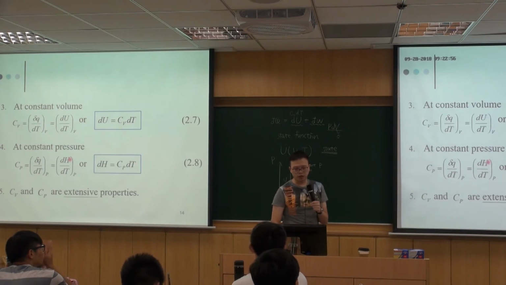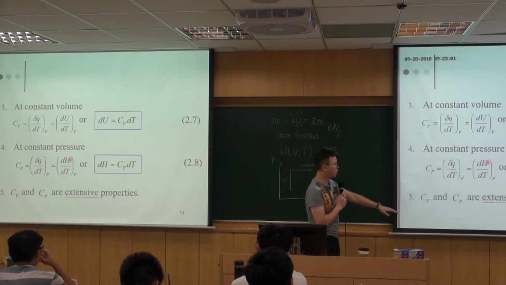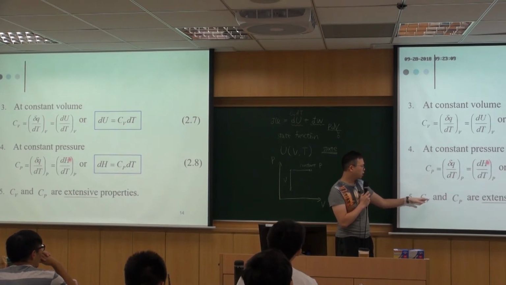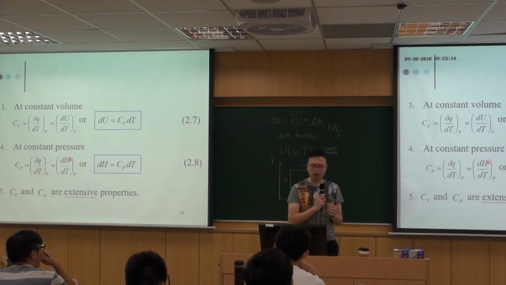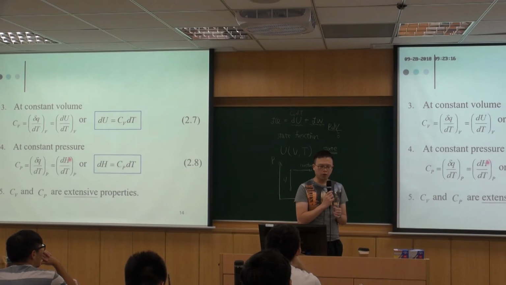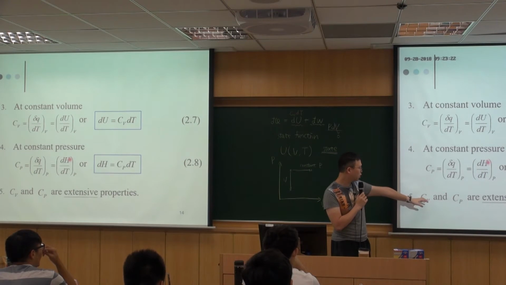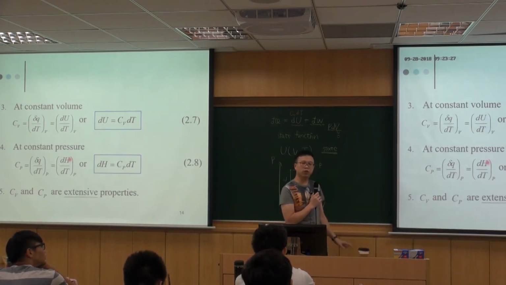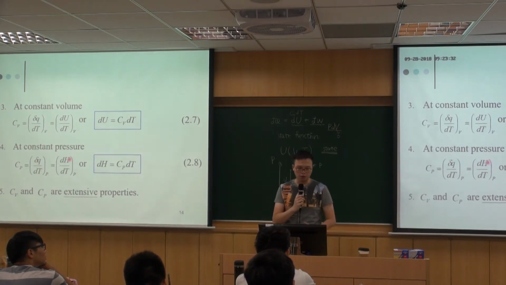So it depends on the size of the system. And in this textbook, that is the reason why these two are written as capital characters. I think typically when dealing with intensive properties, we'll write it as small characters. But if they're dealing with extensive properties, which depend on size, they're mostly in capital forms.